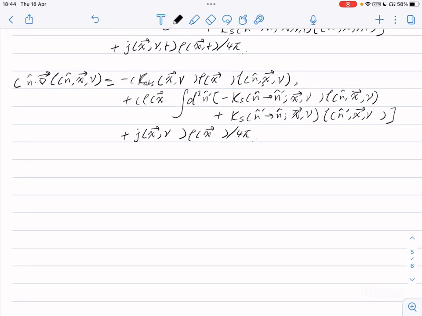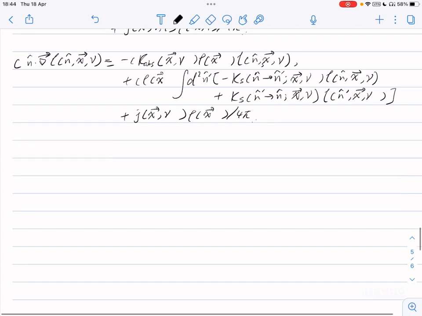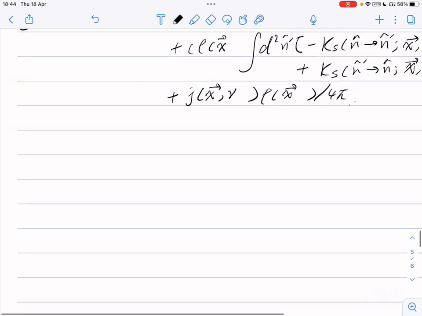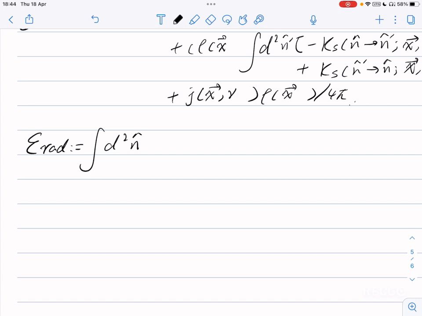So we obtain this. This is a very significant equation, which we will use in the following discussion. Now let's introduce three fundamental quantities. First, the radiative energy per volume per frequency nu, epsilon radiative, defined as the integral over direction n of L n x nu.